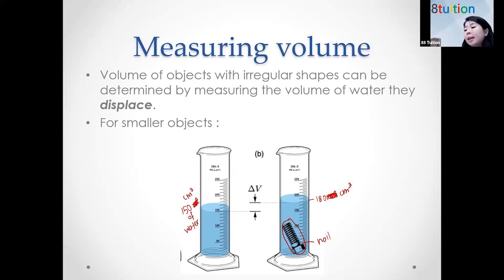So who can tell me what is the volume of the nail? Anybody has any idea? Initially, without the nail, it is 150 cm cube. After I put the nail in, the water rises to 180 cm cube. What do you think is the volume? Wen-Xing?